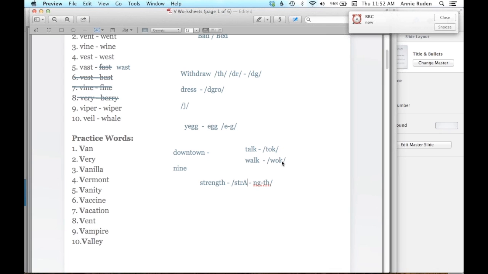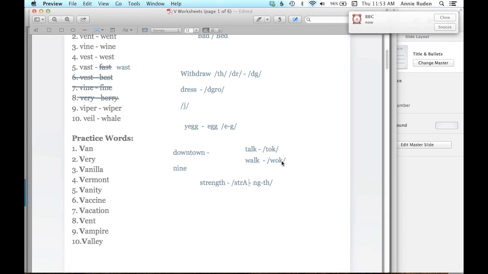Stray, and then ing, string, but I don't release the G. I don't say string, I just say strength. That G almost becomes like a K because we're getting from that back sound to the front sound without releasing the voice. Strength.